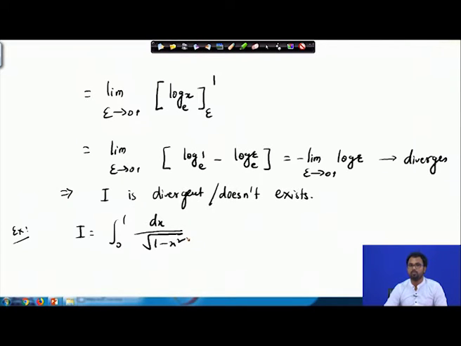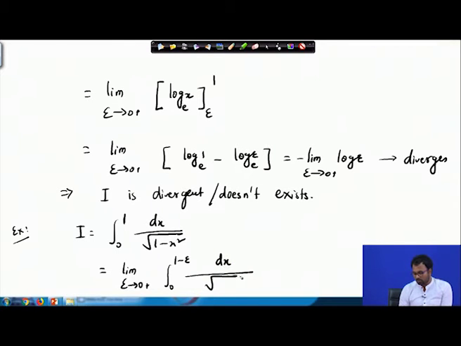As I was saying, there is a strong possibility you may have a function which is discontinuous at 2 points or 3 points and so on, and then in that case we have to break this integral into that many subintegrals. So here, we will first get rid of this discontinuous point: 0 to 1 minus epsilon dx by square root of 1 minus x square.